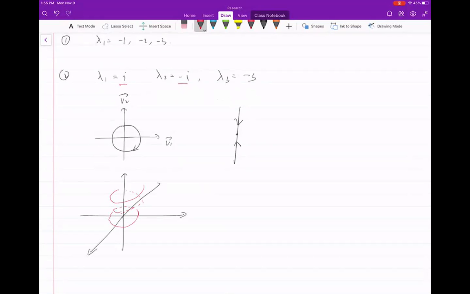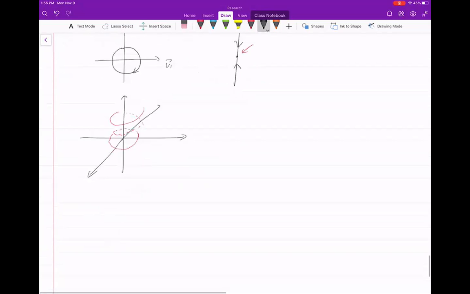Okay, because everything should eventually go to 0 in terms of z direction. Does everything here make sense? So we don't need more examples, right?